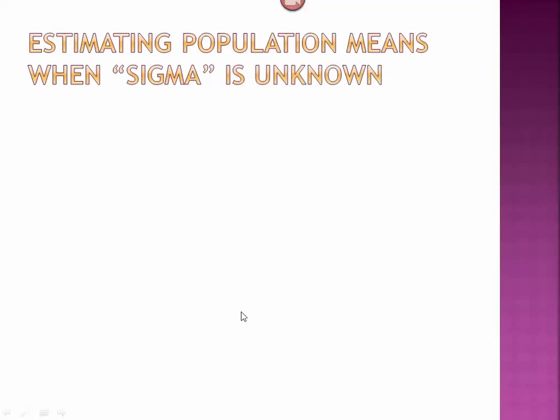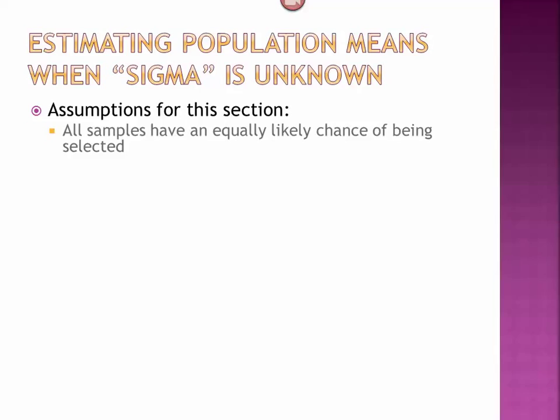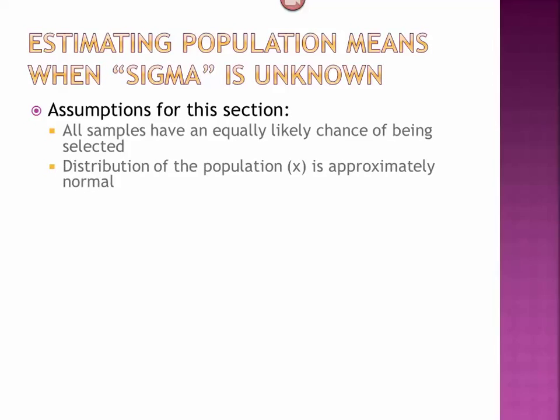Now let's take a look at how we estimate population means via confidence intervals when we don't know the sigma about our population. So our assumptions for our studies have changed in this section. Number one, we're always going to assume that the sample that we do get is a good sample and that we derived it from a simple random sample, and that the distribution of my population is approximately normal.